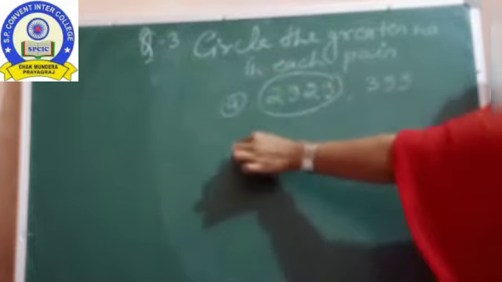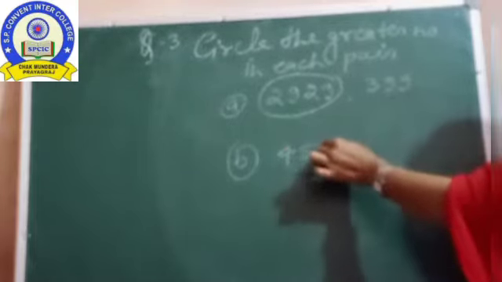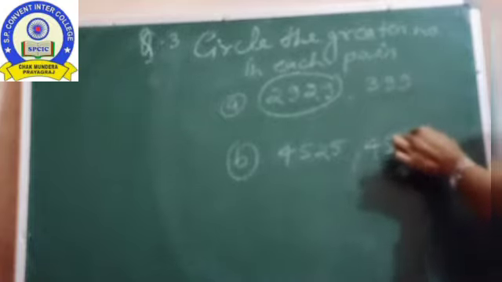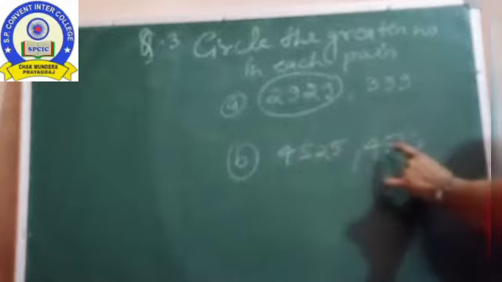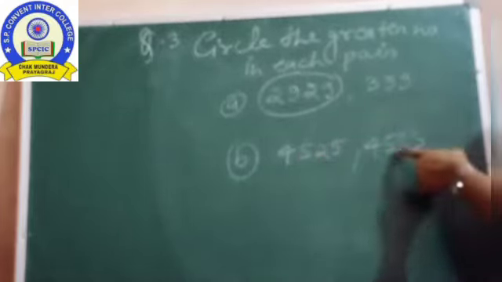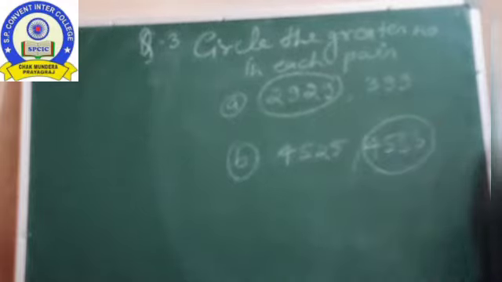Now second question. 4525 and 4555. This is 4 and this is 4. Here is 5. Here is also 5 and this is 2. This is 5. 5 is greater than 2. It means this number is greater.